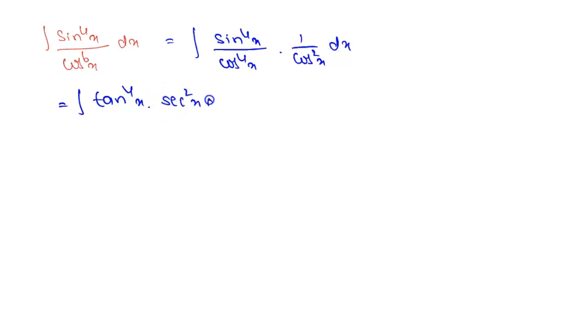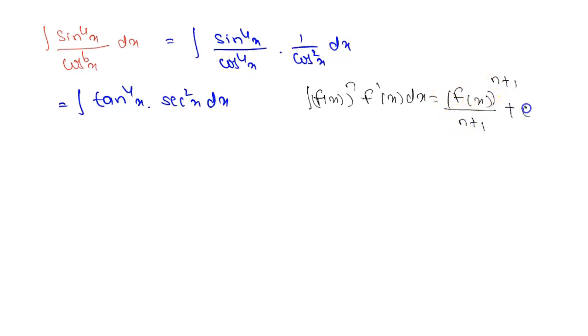secant square x dx. In general here we have one formula: integral f of x whole power n into f dash of x dx is equal to f of x whole to the power n plus 1 by n plus 1 plus c.